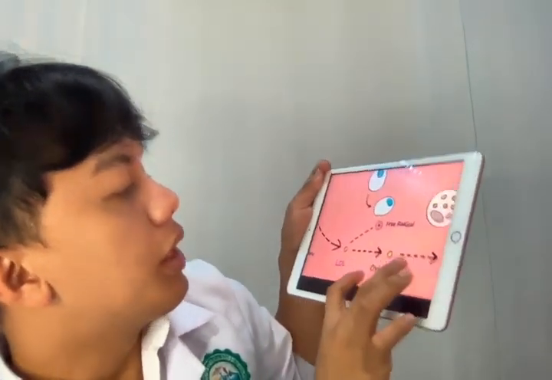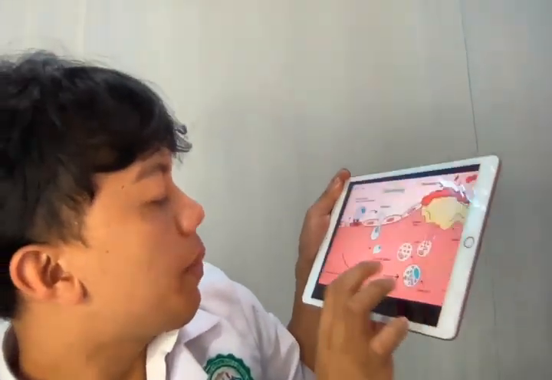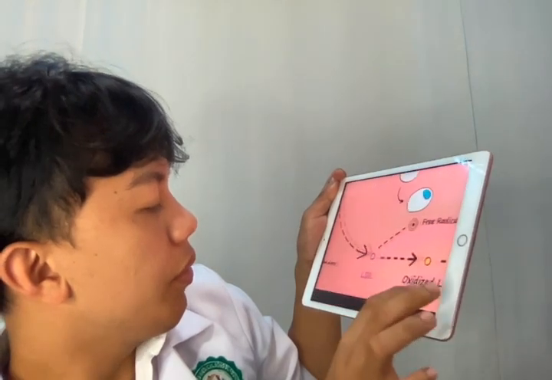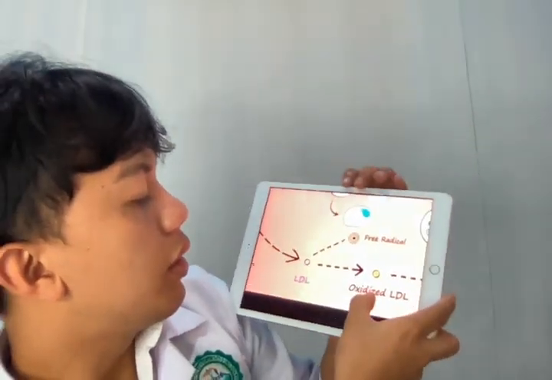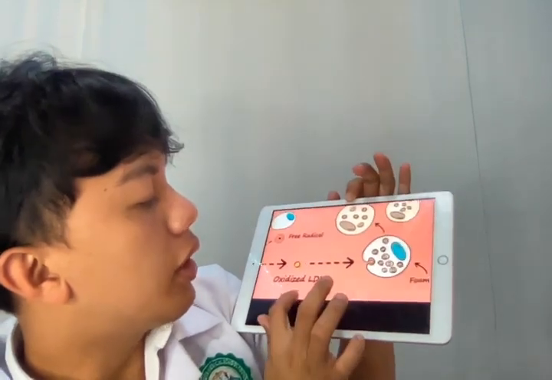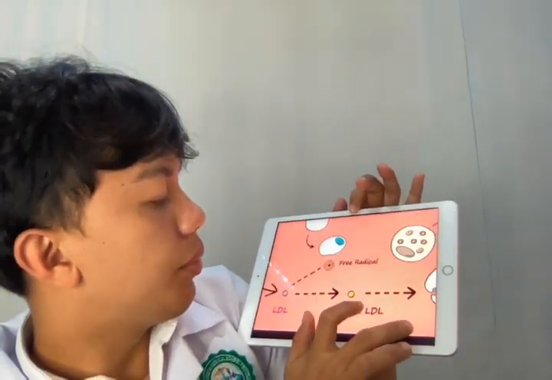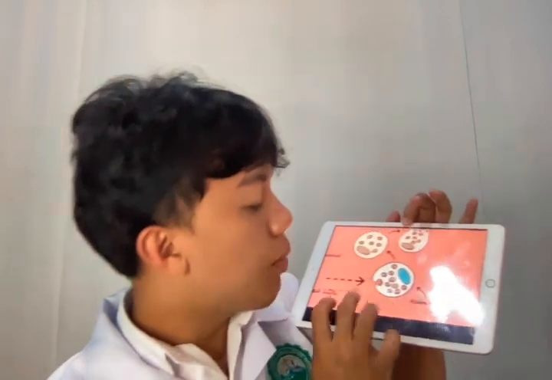This is how the free radical works when released by the WBC. Free radicals oxidize the LDL, then the oxidized LDL will later be absorbed by the WBC.